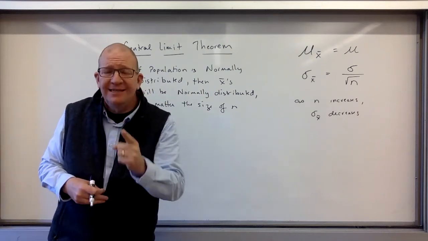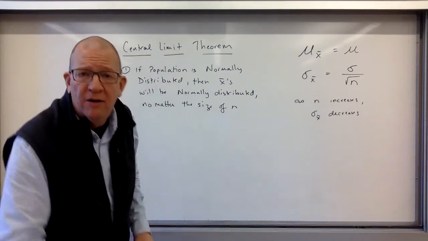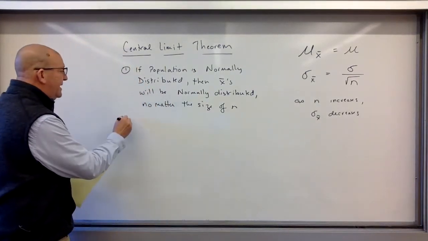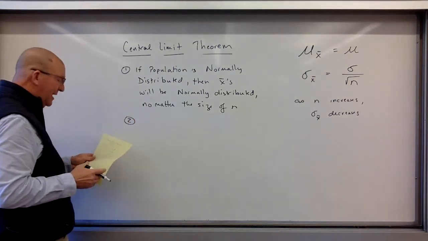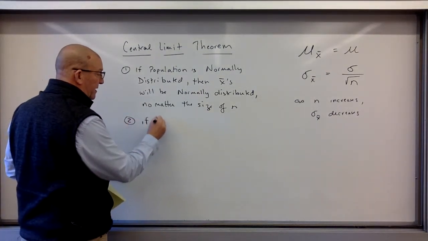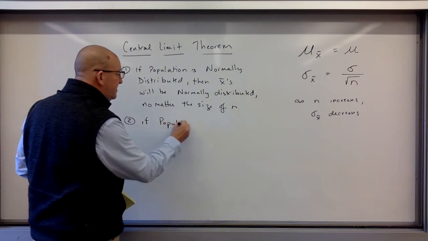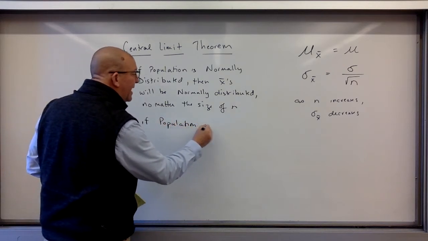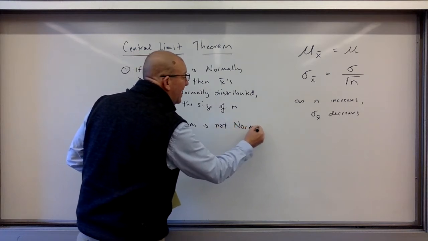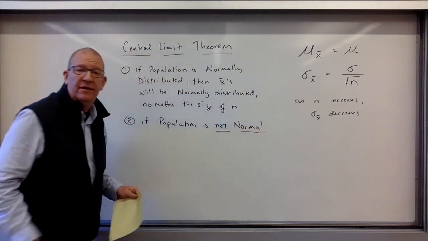But this next statement is really the key part of the central limit theorem. And it goes a little something like this. It says, look, even if the population is not normal, that's okay, as long as n is big enough.